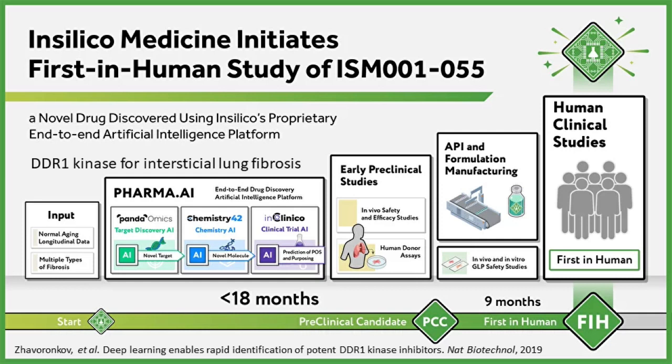These steps usually took more than 2 or 3 or 5 years in the classical way, and here we see that they took 18 months to go to formulation and manufacturing, and then this formulation and manufacturing step took 9 months. So they did their first in-human clinical trial in almost 2 years after the identification of the compound.